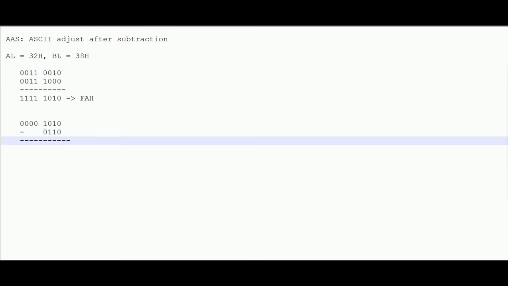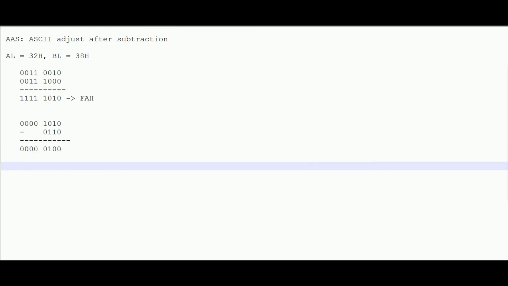Let us try to figure this out. When you subtract 1010 and 0110, that is 10 minus 6, you will get 4. So here it will be 0000 and 0100. Now in the previous case, in the AAA instruction, when a 6 was getting added, the content of AH was incremented by 1.